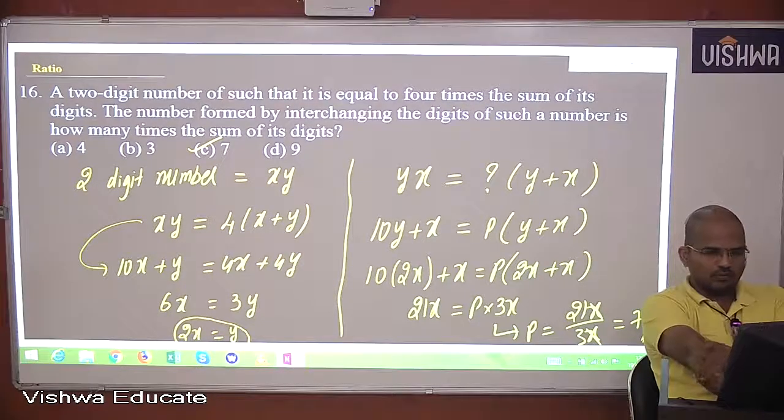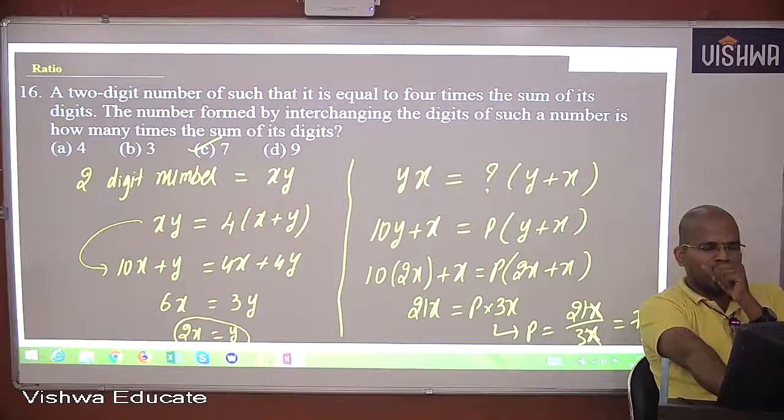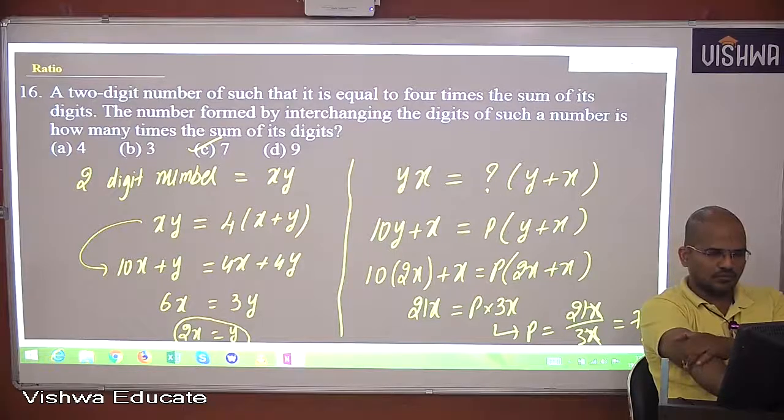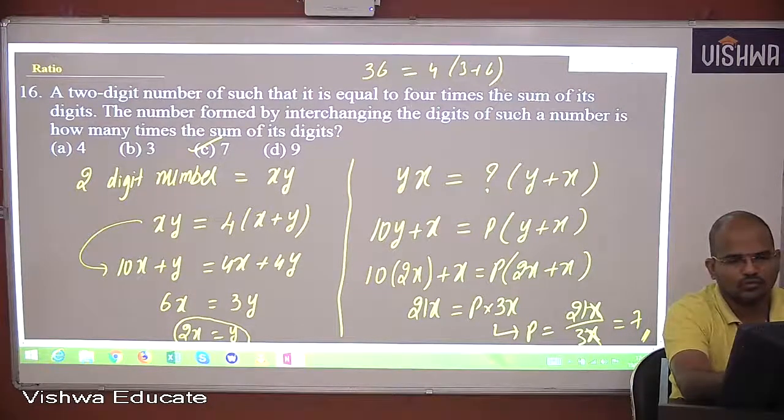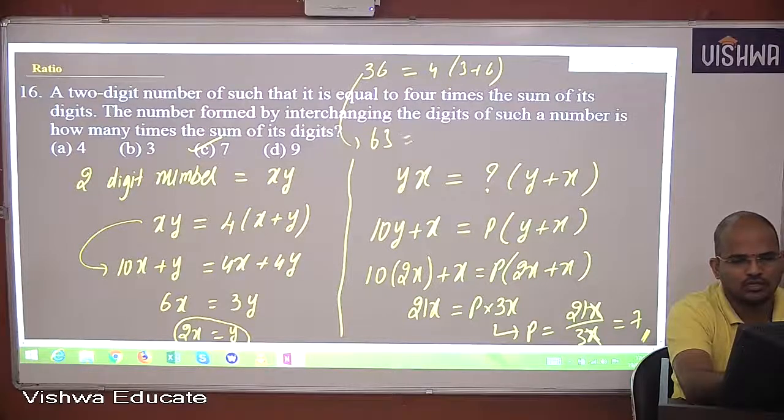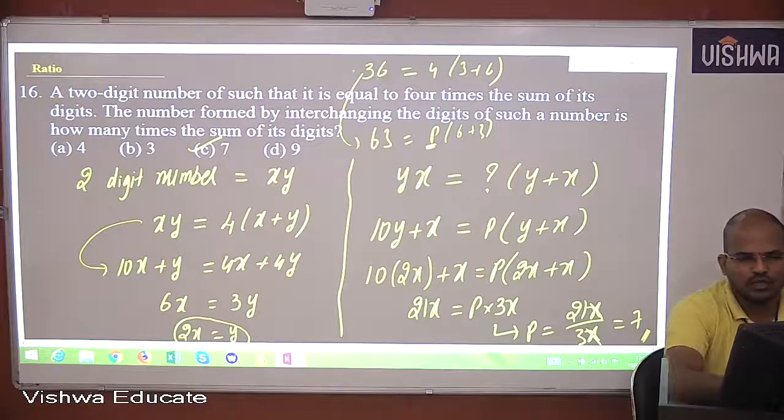If you take an example, if the number is 36, 36 is 4 times 3 plus 6. 3 plus 6 is 9, 9 times 4 is 36. Now the number is reversed. 63 is how many times 6 plus 3? 6 plus 3 is 9. 9 times 7 is 63.